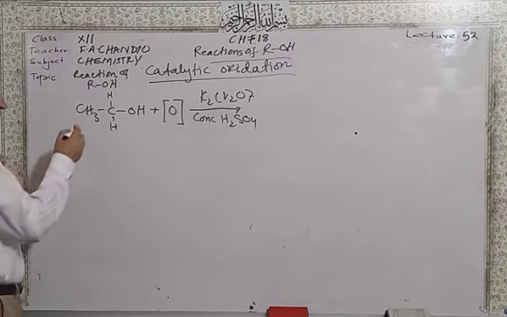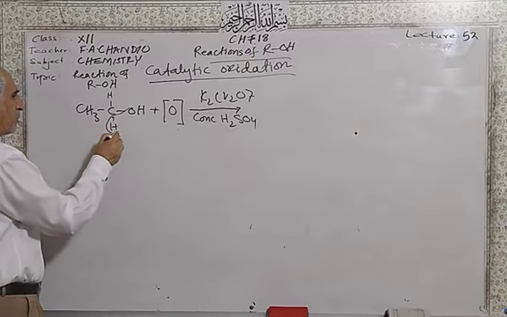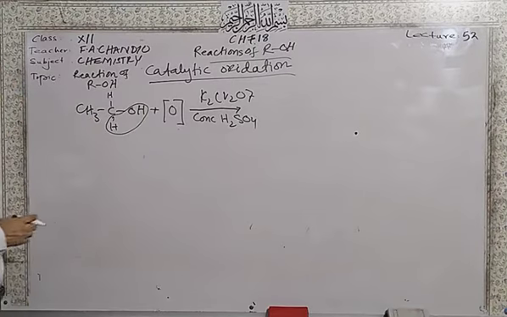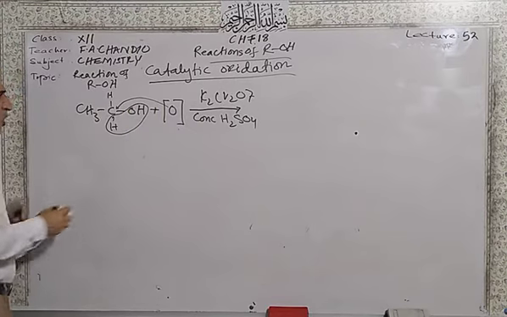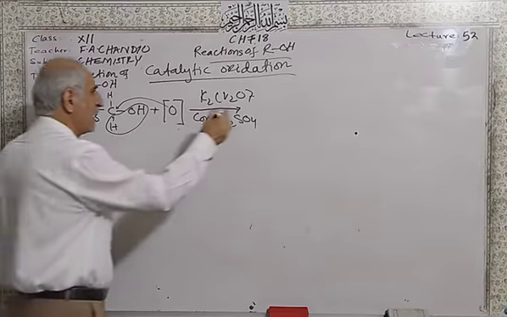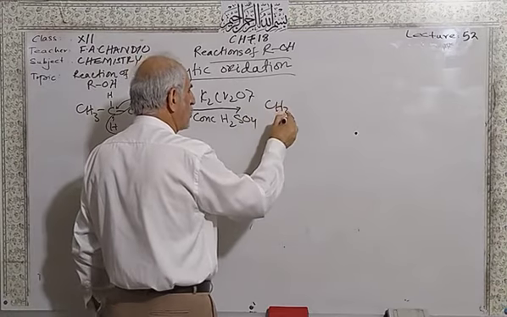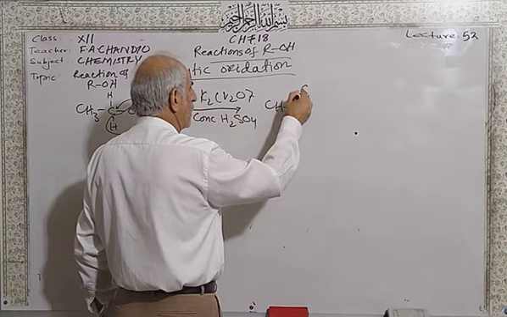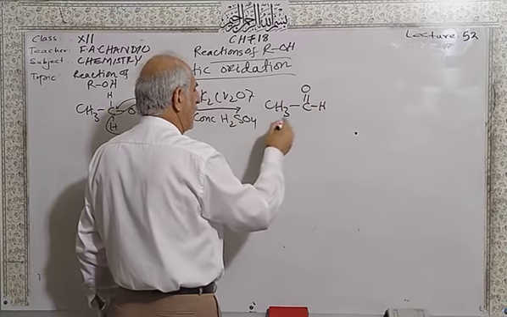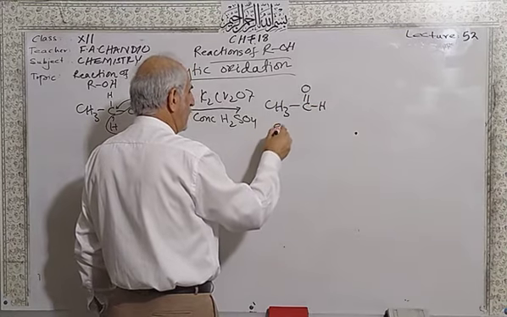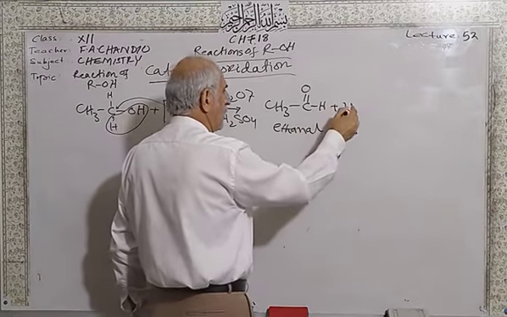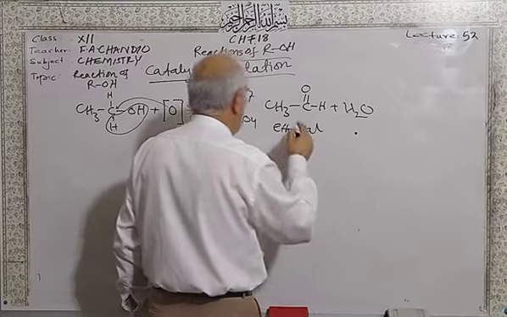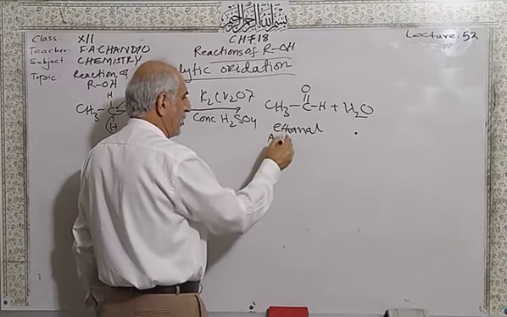So in this case there is a dehydration, removal of water, and this nascent oxygen is going to be attached to the carbon here. So dehydration takes place, and a new functional group is going to be formed here. So this is the aldehyde, ethanal, and water, or we can say acetaldehyde.